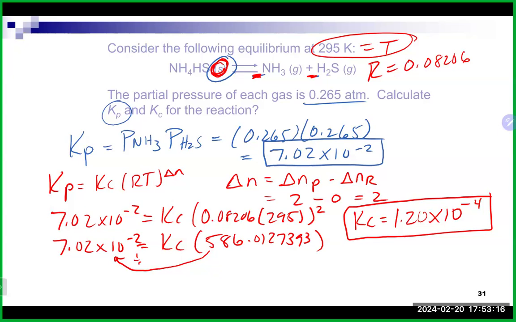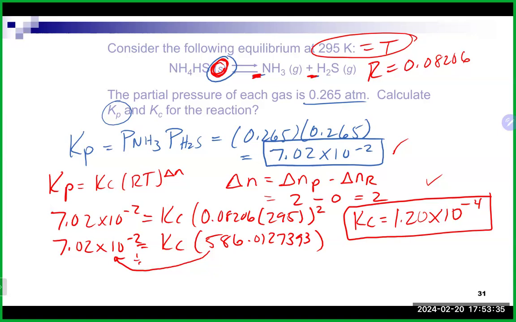Once again, here we see what we talked about: our Kp and Kc values are not really the same numerically, but they both tell us the same thing. And what do they both tell us? Is this a large or small value? It's small, which means at equilibrium, we should mainly expect reactants being present in this case.